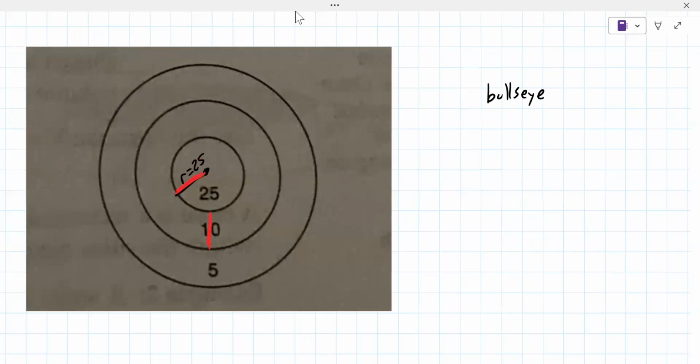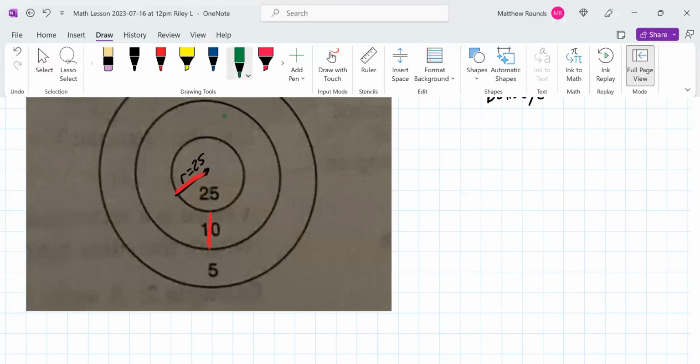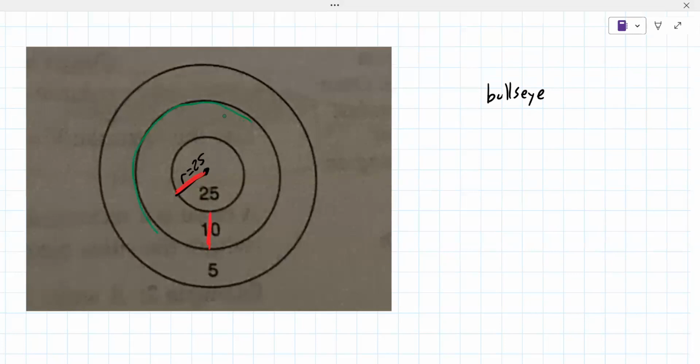So this middle circle that I'm drawing in green has a radius of 35. Now, how did I come up with that? How did I get 35 from 25 and 10? You had to add them. You add them together, okay? Now, somewhere it says not to scale, and there's yet a third circle here.